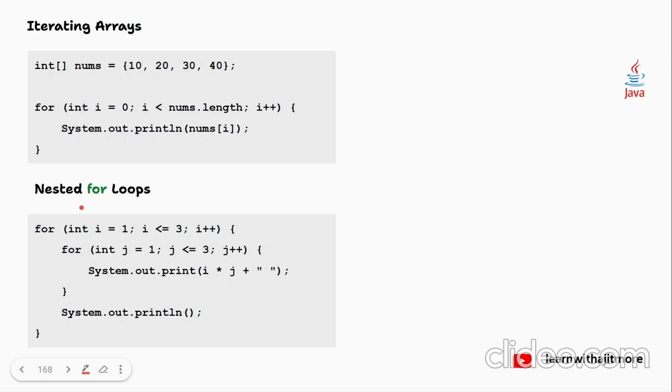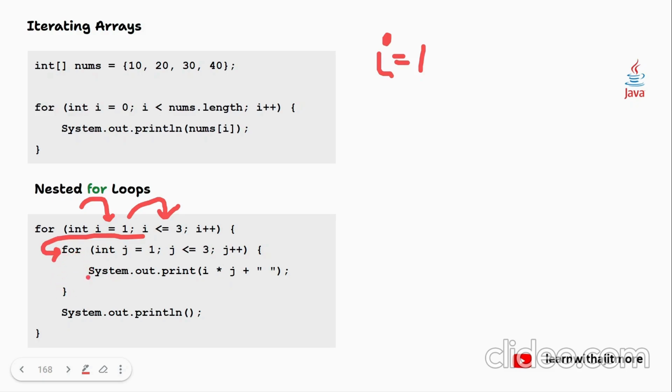See here, guys. At the very beginning, this initialization is done: i equal to 1. Then it will come to the condition checking. Is 1 less than or equal to 3? i is 1. Is it less than or equal to 3? Yes, it will come inside this for loop, and this inner for loop will start.